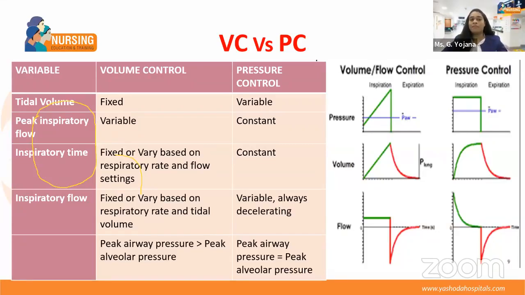Then peak inspiratory pressure will be variable. Whereas in pressure control, the tidal volume will be variable and inspiratory flow will be variable. Then peak inspiratory flow and inspiratory time will be constant. In volume control, remember that the peak airway pressure is more than the peak alveoli pressure. Whereas in pressure control, both are equal.